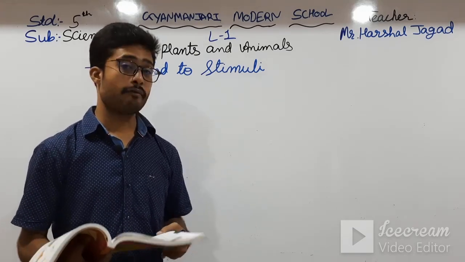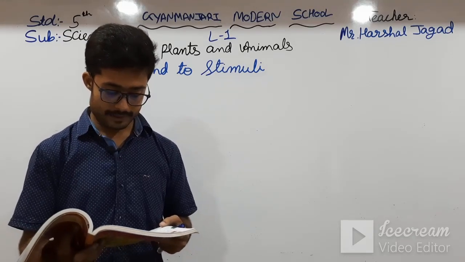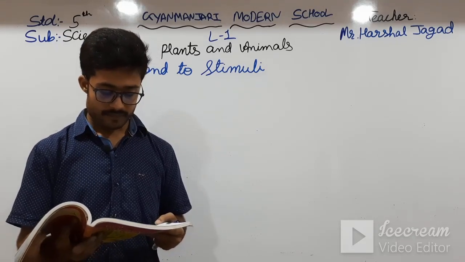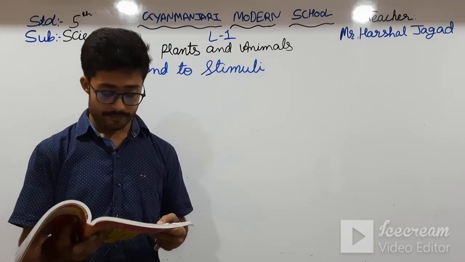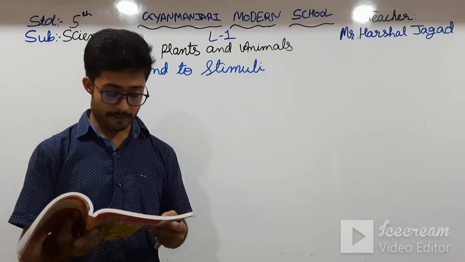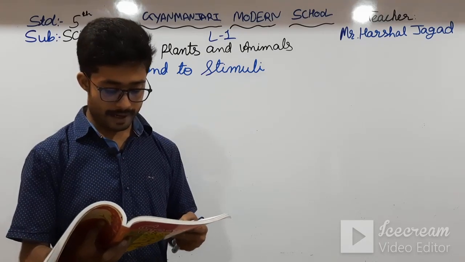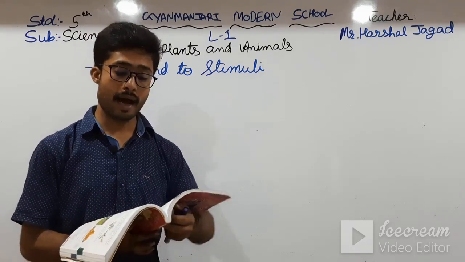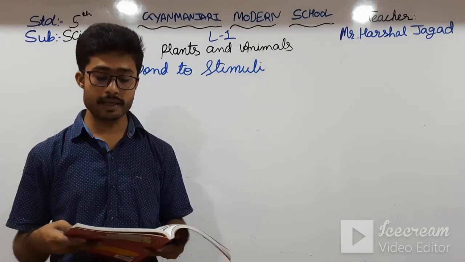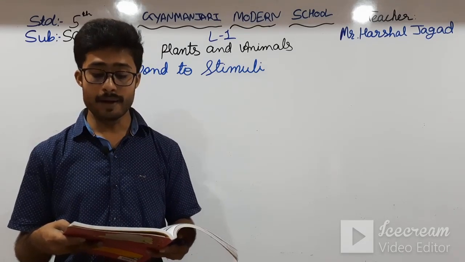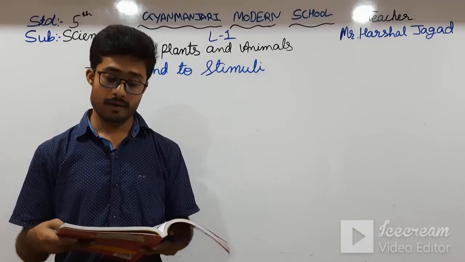Okay students, first of all we will see animals. Animals have sense organs, and they respond to stimuli at once. If they hear a loud noise, they are startled and may run. If they see a flash of lightning, they may close their eyes. Have you noticed a flock of pigeons roosting on a building fly into the air when they hear a loud noise?